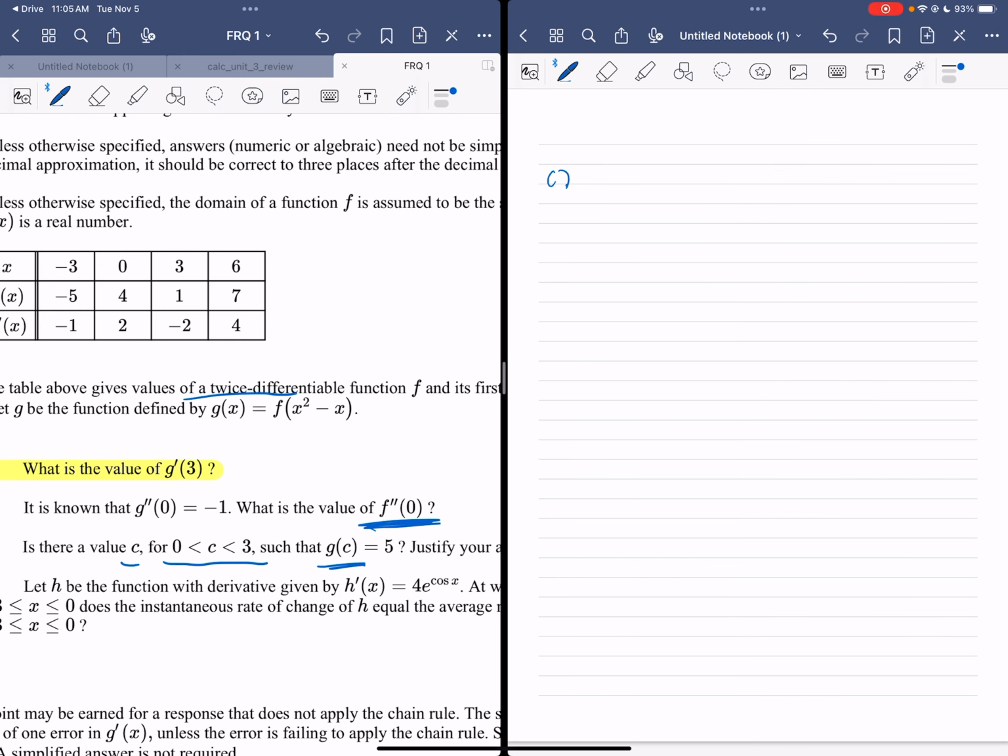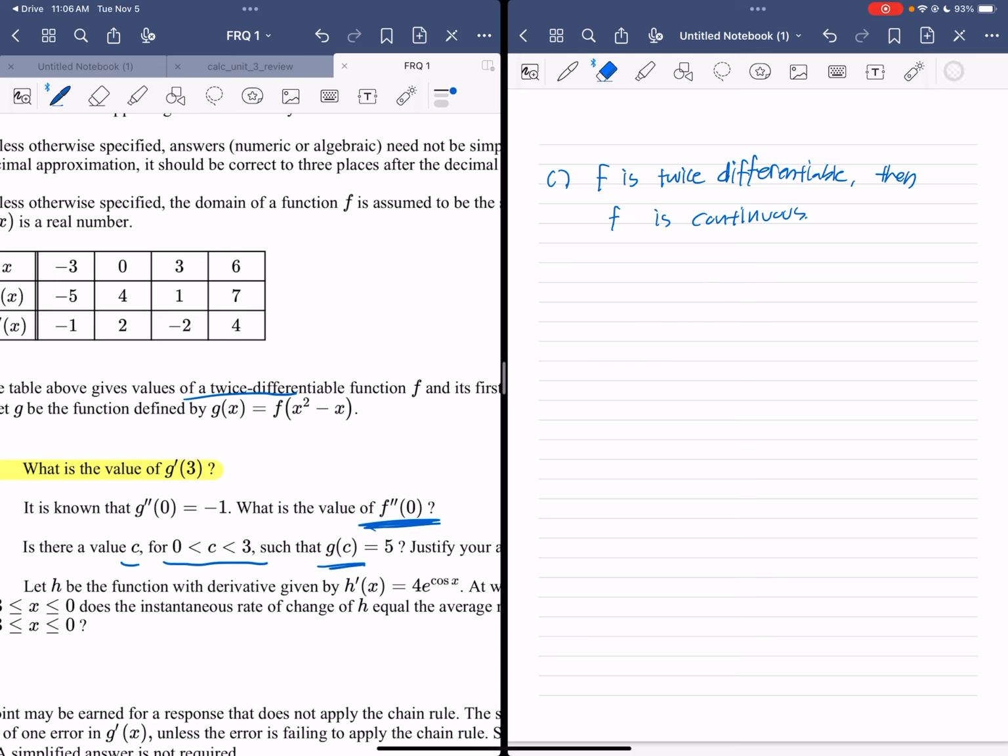Since f is twice differentiable, then f is continuous. That's what you need to know. If you can differentiate it twice, it's continuous, because you can only differentiate when you have a line here like this. So first you have to write this.